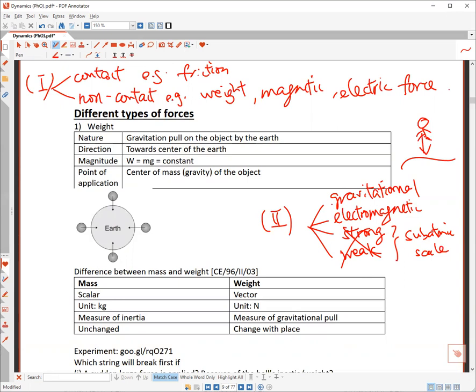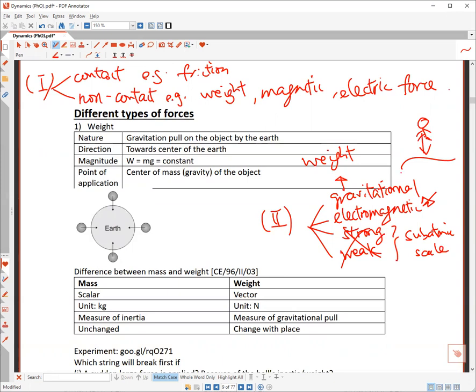For gravitational force, actually there's only one example. It's the weight. And all other forces are different forms of electromagnetic forces, including friction, tension, air resistance, water resistance, and so on.